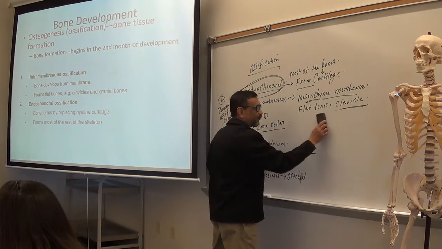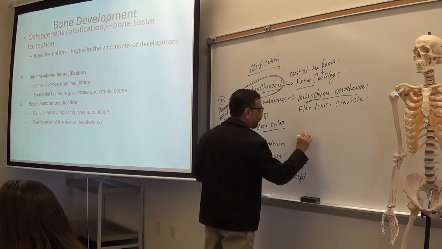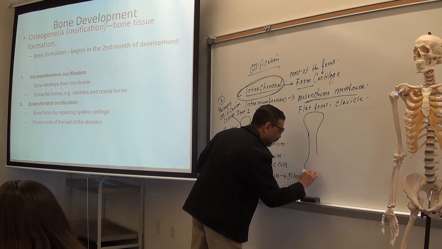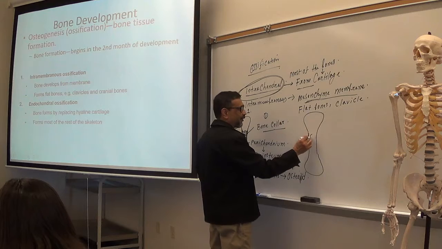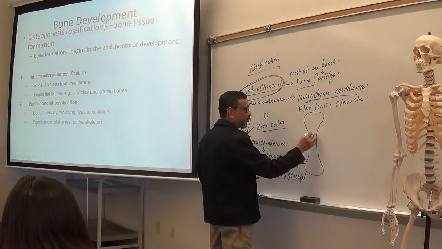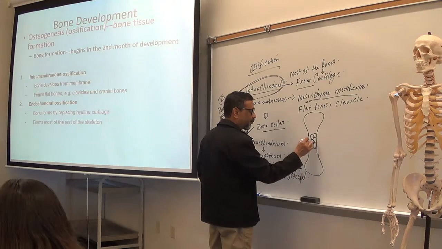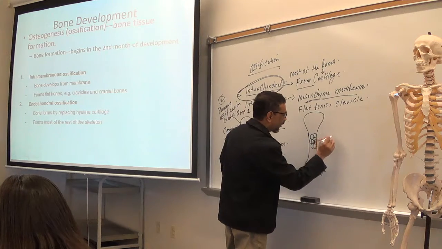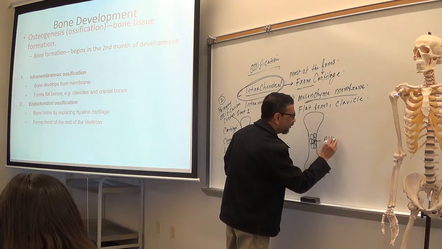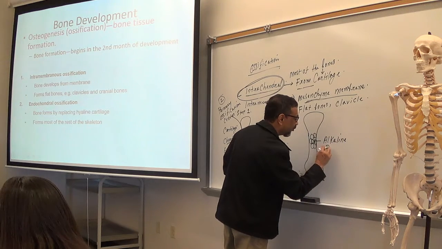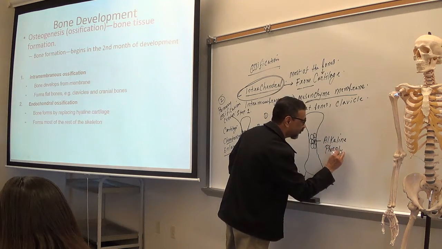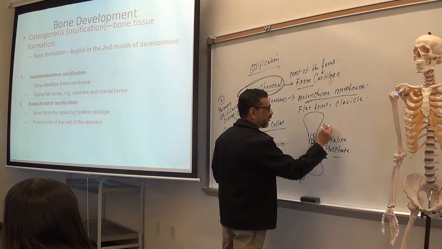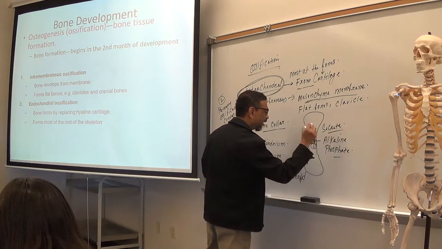Now let's go to next. What happens, this is very interesting, these chondrocytes enlarge, get big, and secrete alkaline phosphatase, a chemical. Chondrocytes secrete alkaline phosphatase.